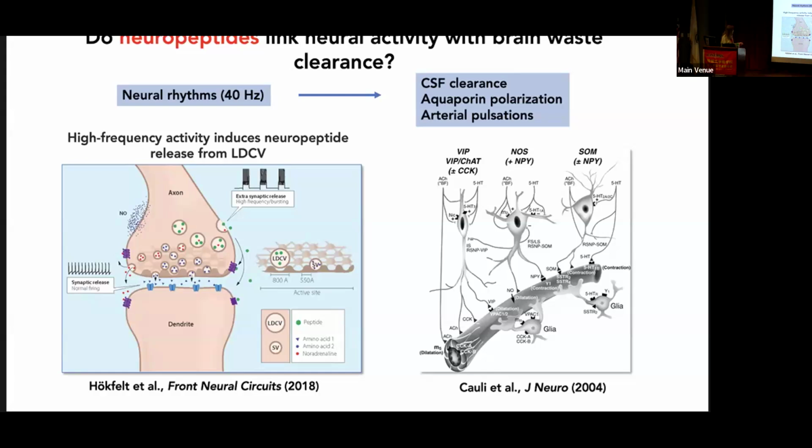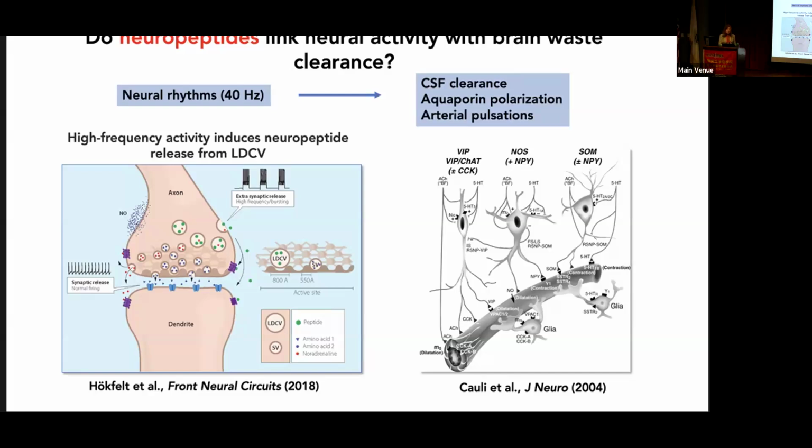But the neuropeptides are known to be stored and released by the so-called dense core vesicles. I think you heard from Isaac's presentation earlier. And the release of these vesicles is known to require high frequency bursting neural activities.